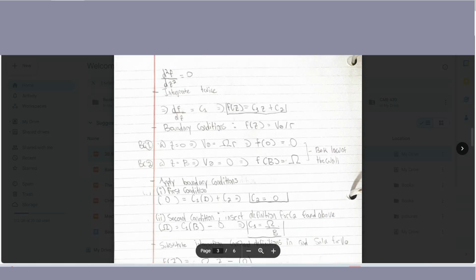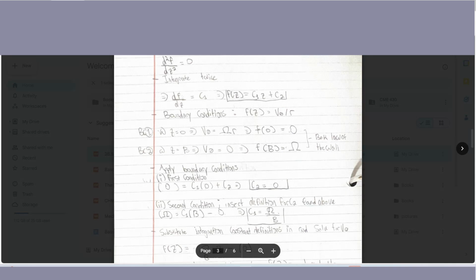All right, so applying the law of the wall boundary condition. First boundary condition: at z equals 0, f of 0 equals 0. I'm taking that from this equation. f of z at z equals 0 is 0 plus c2, so c2 equals 0.